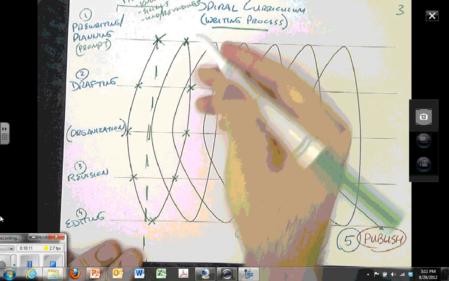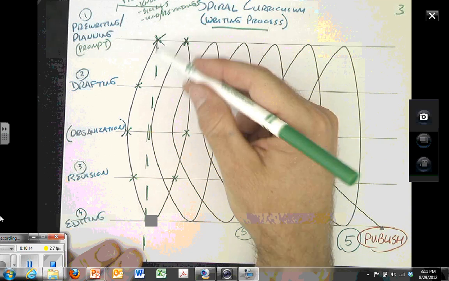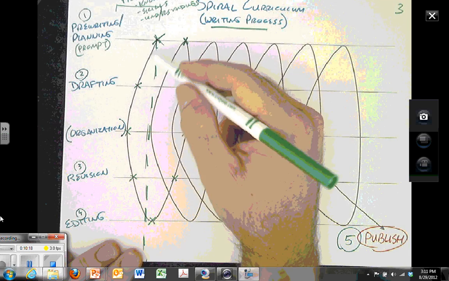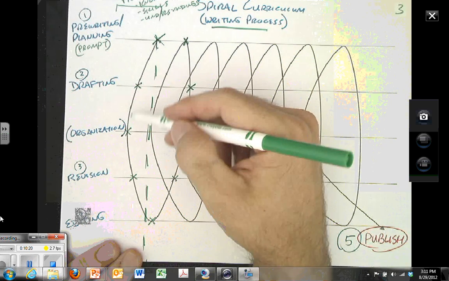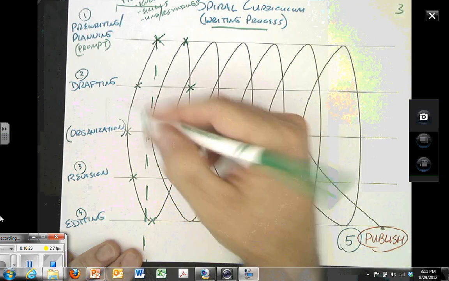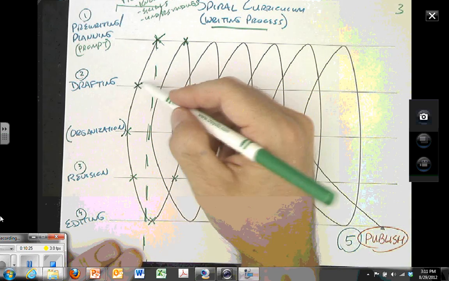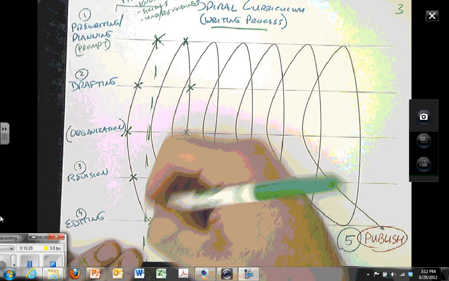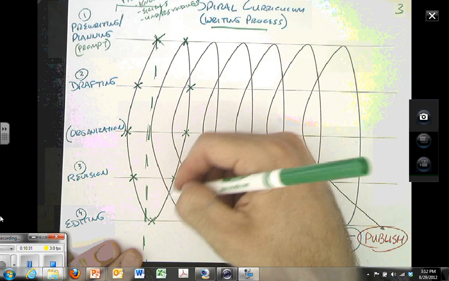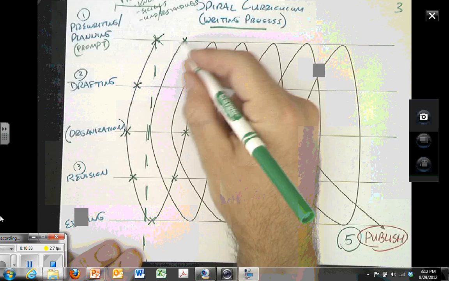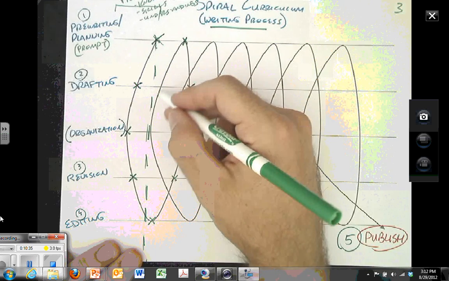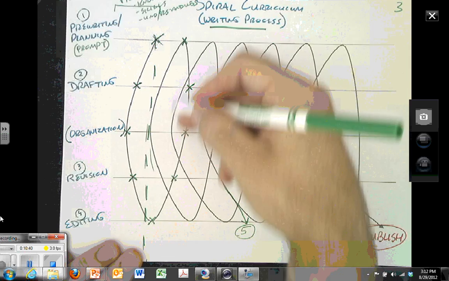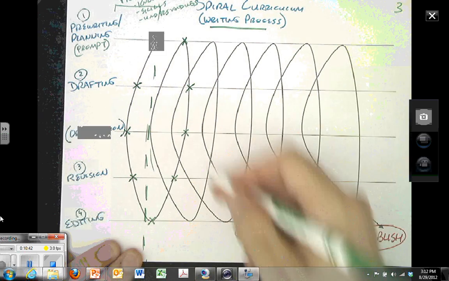So you're continually giving students a starting point, building upon what they're already able to do, their prior knowledge, prior skills, prior understandings, what skills they have as far as drafting, what they know about organizing their ideas, what they know about revising papers and editing, and then you're teaching new things. And then you circle back around and they're using those new skills. And you're teaching and they're using. You're teaching and they're using.